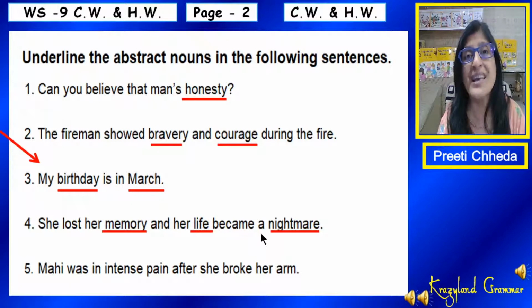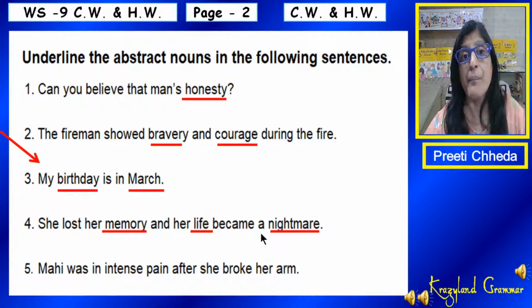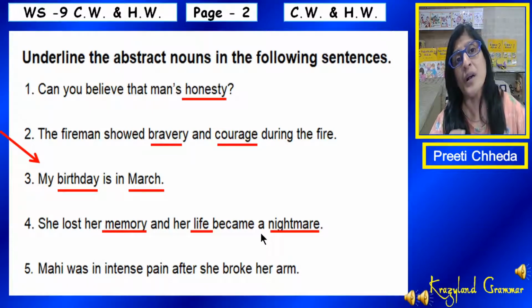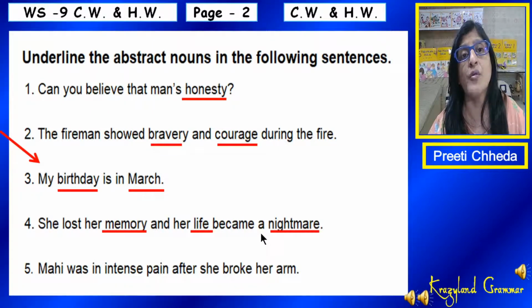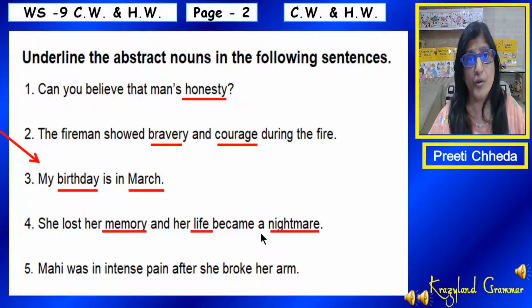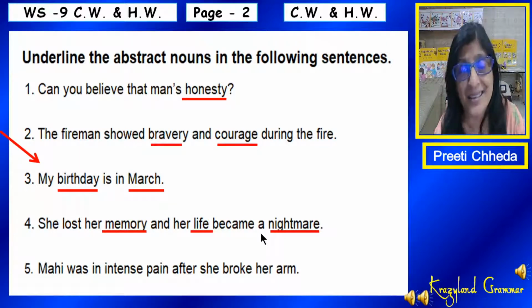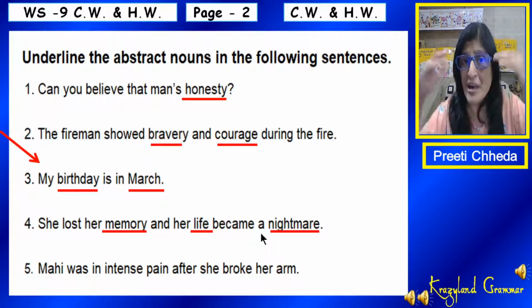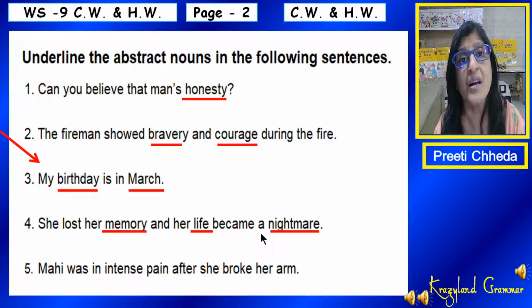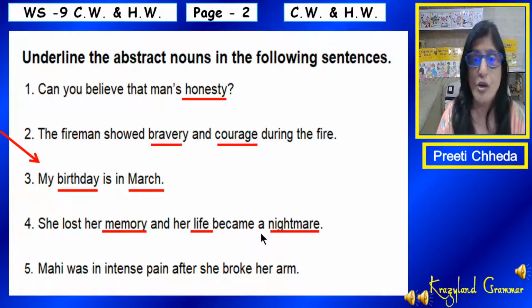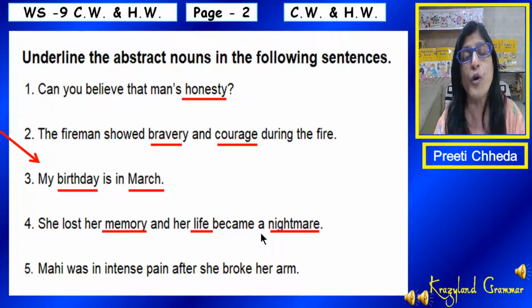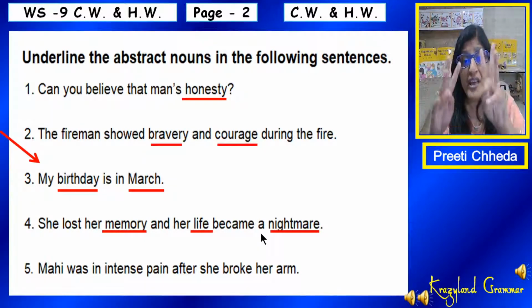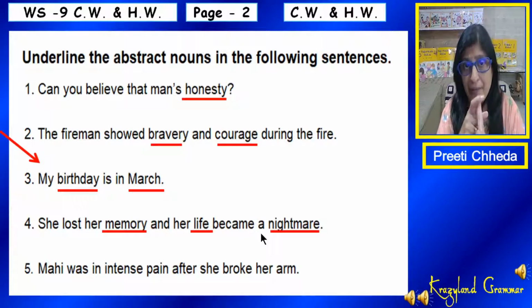You can see a nightmare, but it is so different for everybody. You cannot physically see it. It is all imaginary things, and they are called abstract nouns. So in sentence number 4, you found 3 abstract nouns: memory, life, and nightmare.